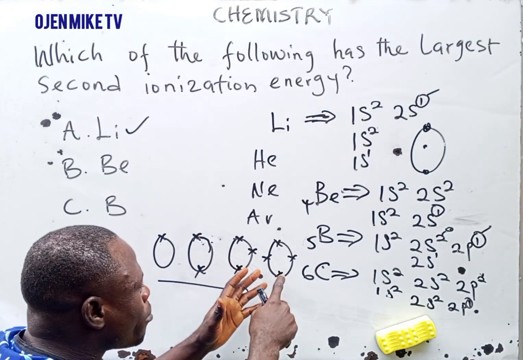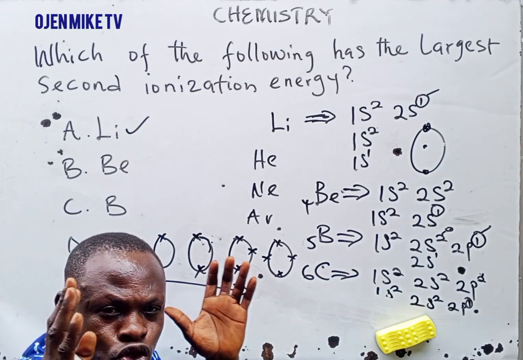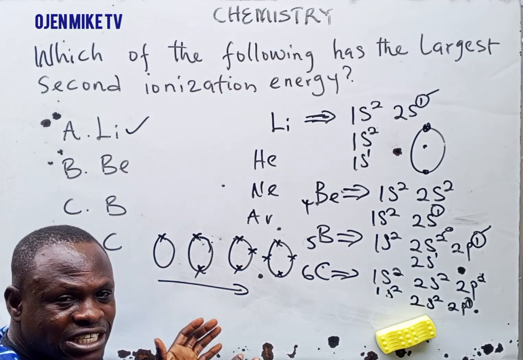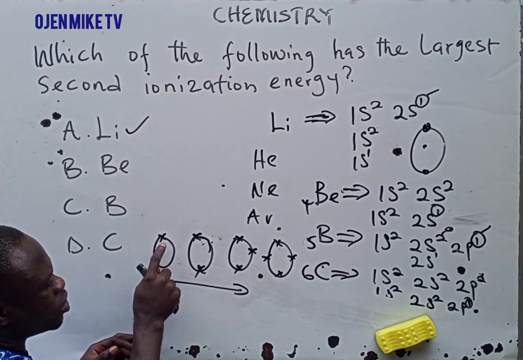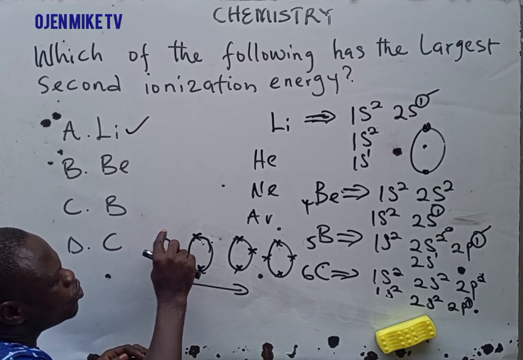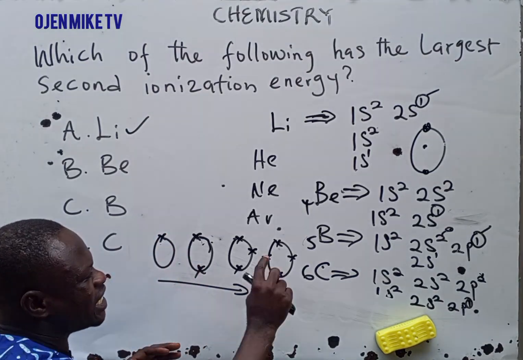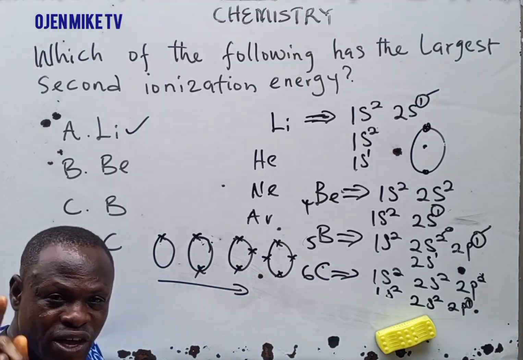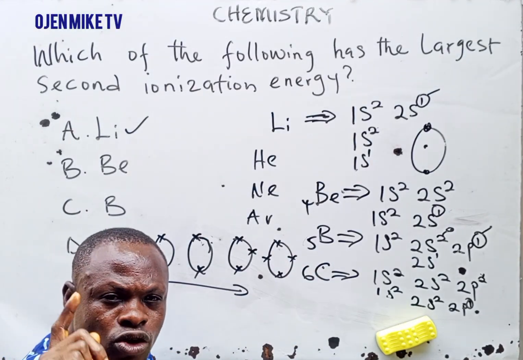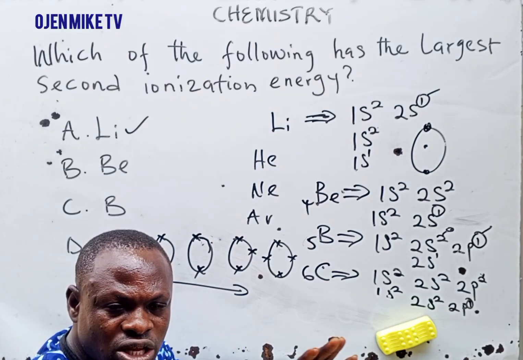Why? Because the number of electrons in the outer shell is more than when you are starting a shell like lithium, which has just one. But in the case of second ionization energy, it is totally different.